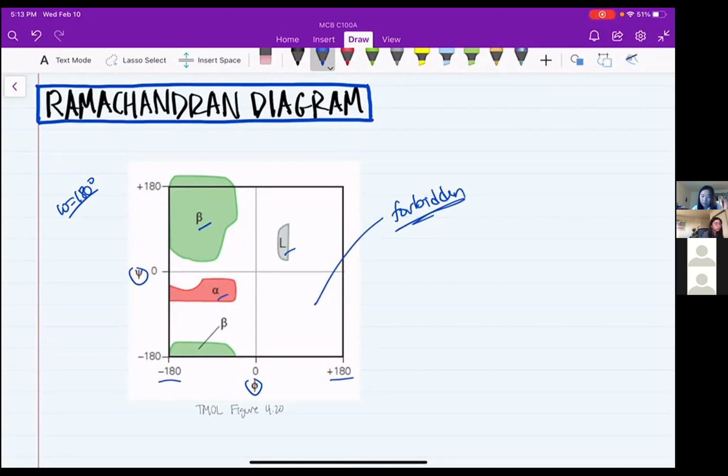So with some combination of phi and psi, you're going to have 2 atoms closer together than their combined van der Waals radii. So this puts 2 atoms closer than their combined van der Waals radii.